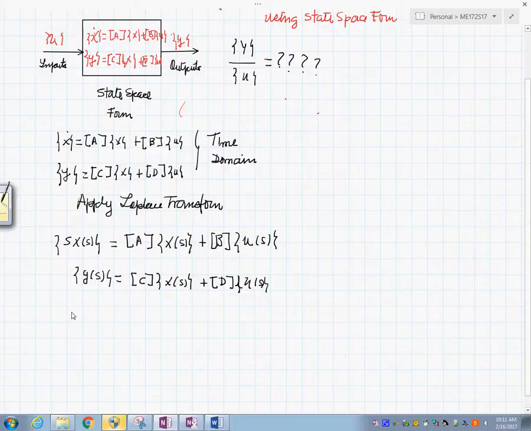Let's put this on the same side: s times x of s minus A times x of s is equal to B times u of s. I just moved one term to the other side, right?